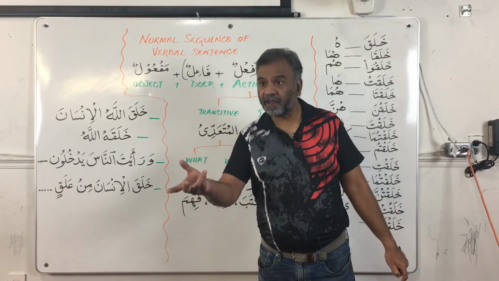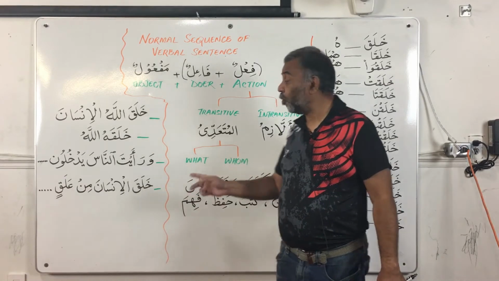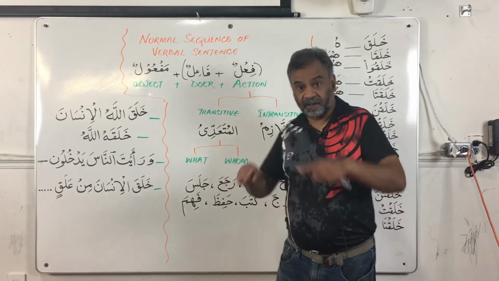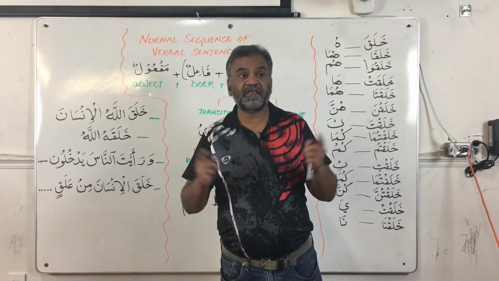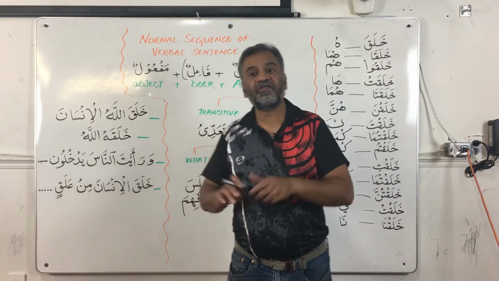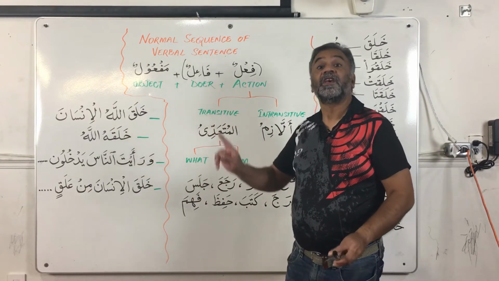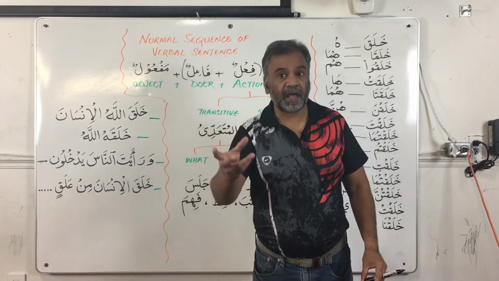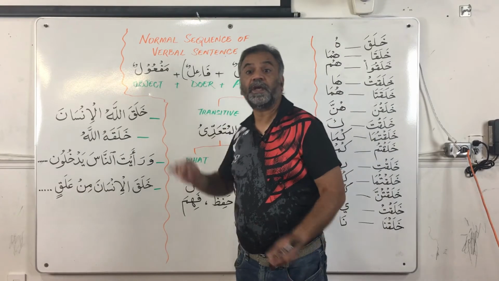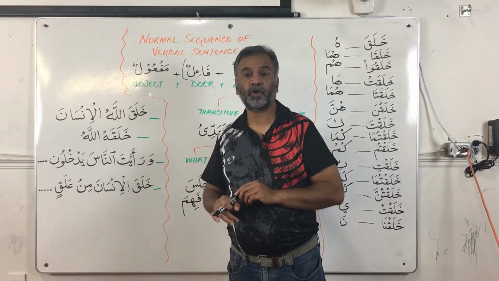He opened something, right? So if what qualifies or it makes sense, then immediately I would identify that verb as transitive, because he opened something. It needs a maf'ulun bihi, an object.